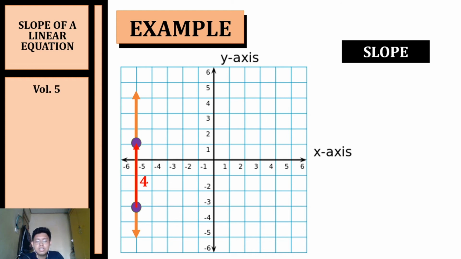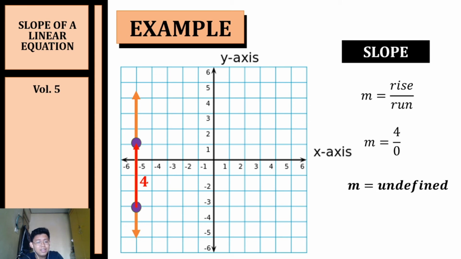Since we already reached our second point, our run is equal to 0. Using the formula rise over run, we substitute the values: we have 4 over 0. Since our denominator is 0, we have a slope that is undefined.